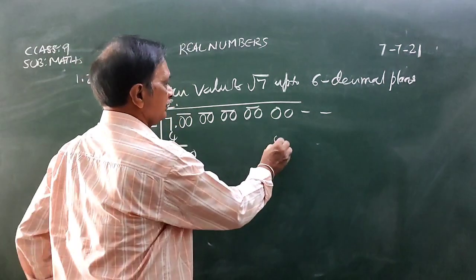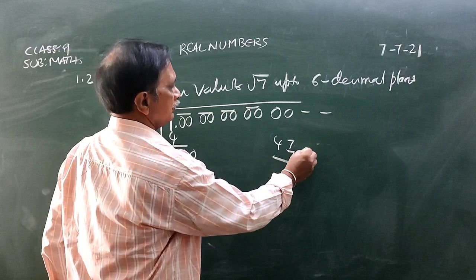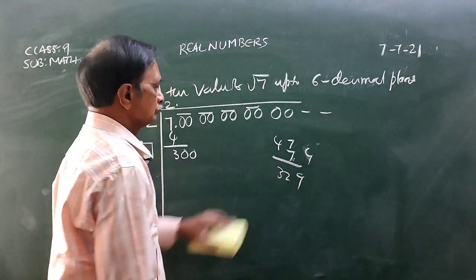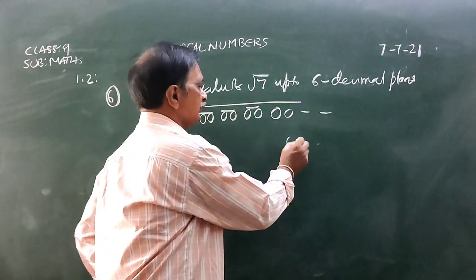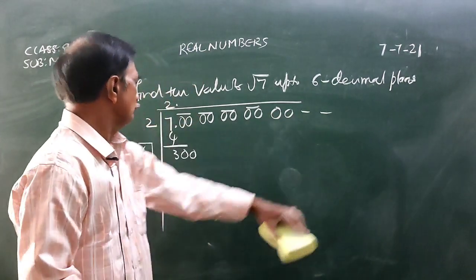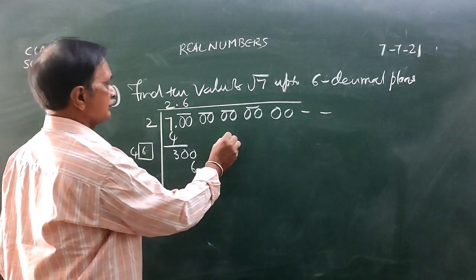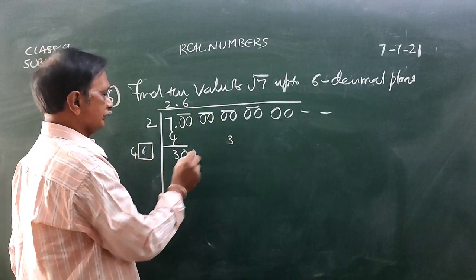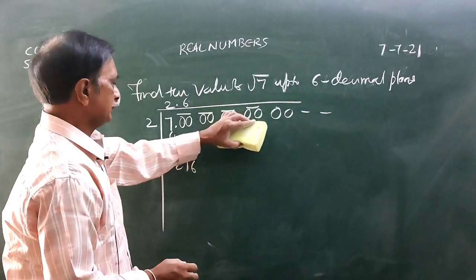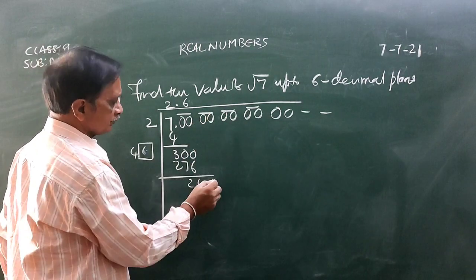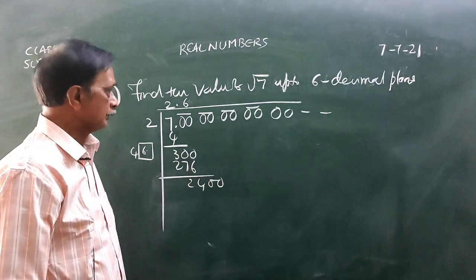Suppose you take 47 times 7, 7 sevens 49, that is more. So 46, we write 6 here and 6 sixes 36, 6 fours 24 plus 3 is 27. Subtract, 24. Bring down the next group of zeros.